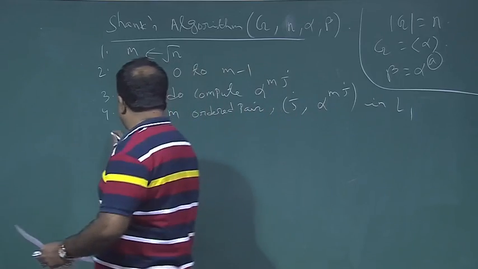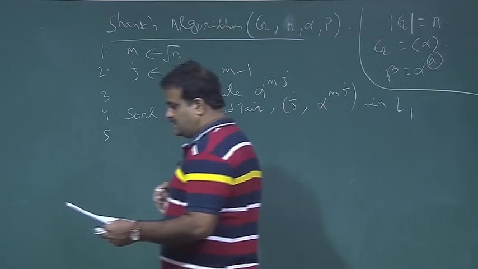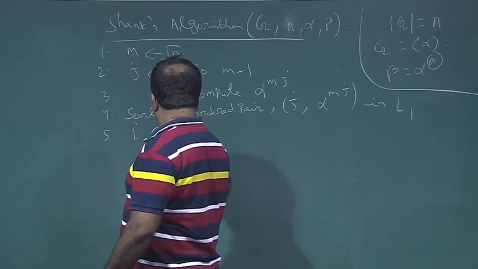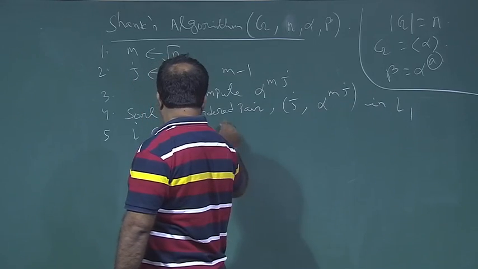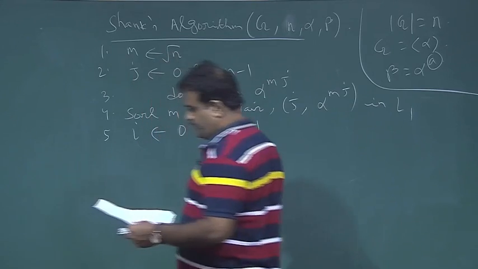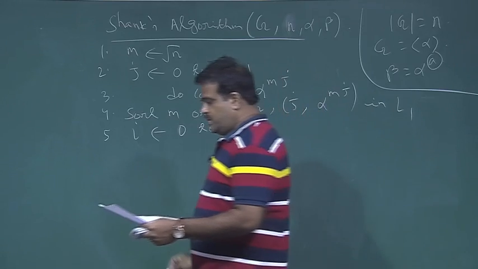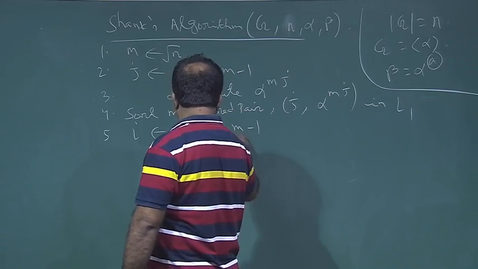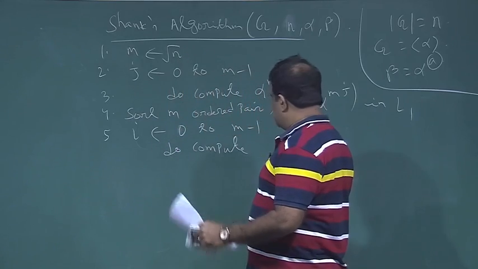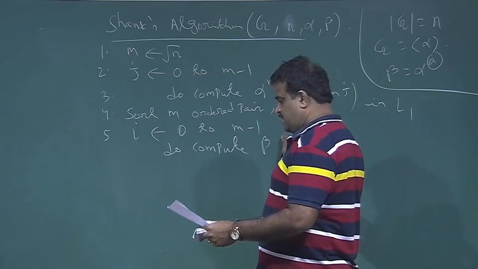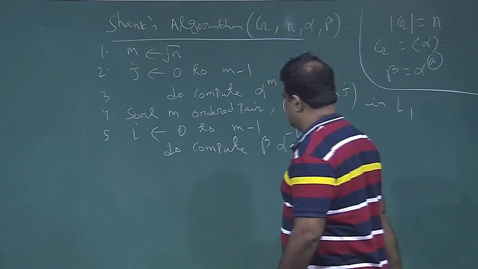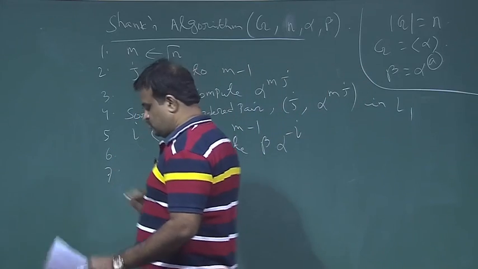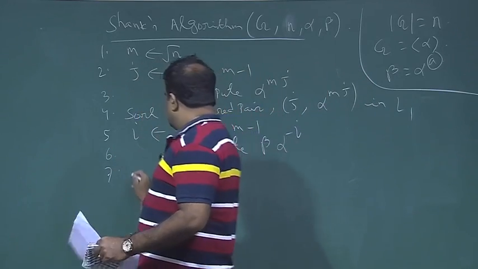Now, we also prepare another list, L2. For i equal to 0 to m minus 1, we compute beta into alpha to the power minus i, and we store this in L2 in a sorted way.